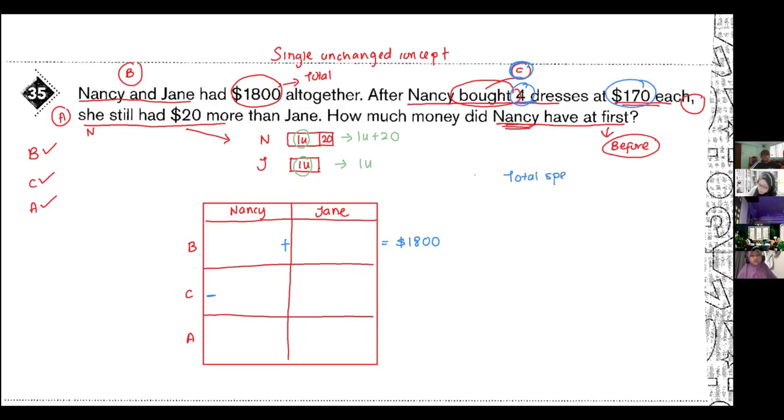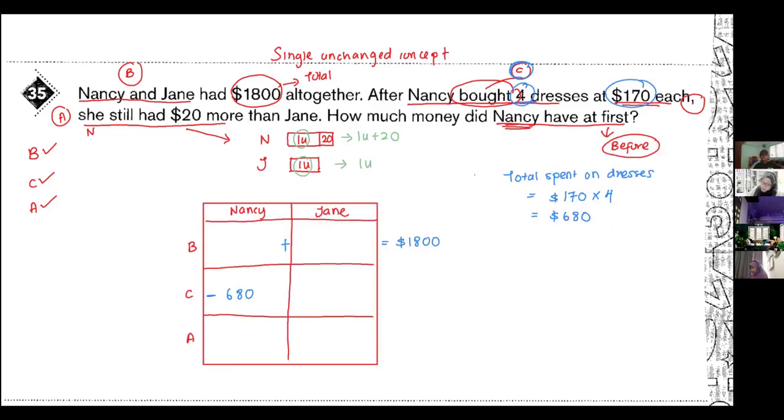Total spent on dresses equals $170 times 4. And I will get 680. So this is what Nancy spent. $680. Okay. Now, as I mentioned, only Nancy spent. Jane didn't spend anything. So nothing in this Jane's box. Nothing for me to write inside here. Nothing. Okay. So I continue.